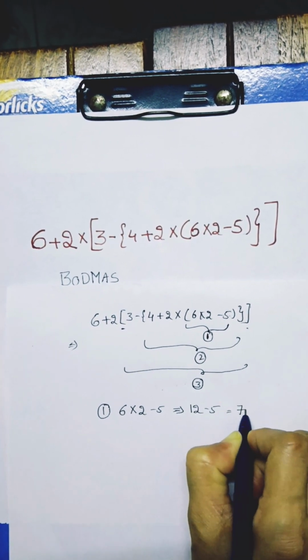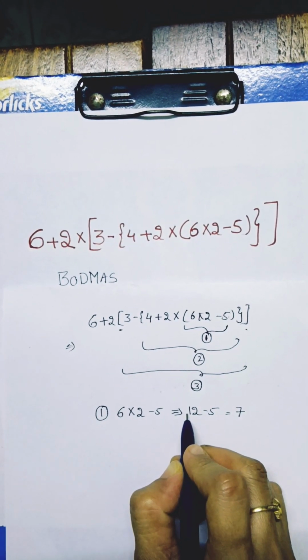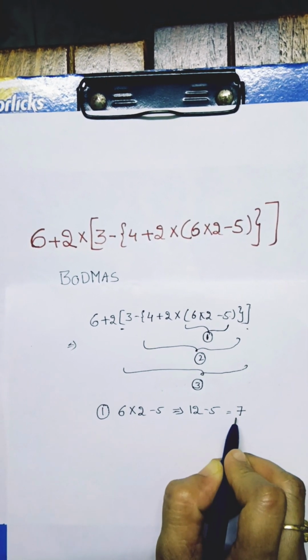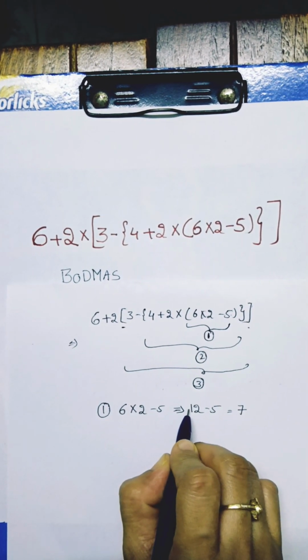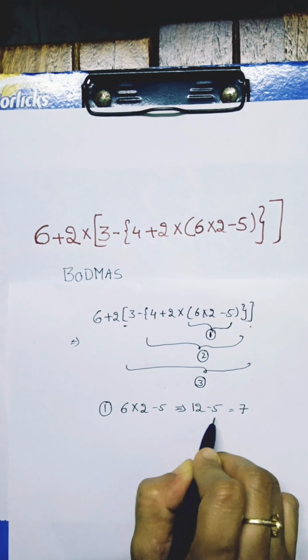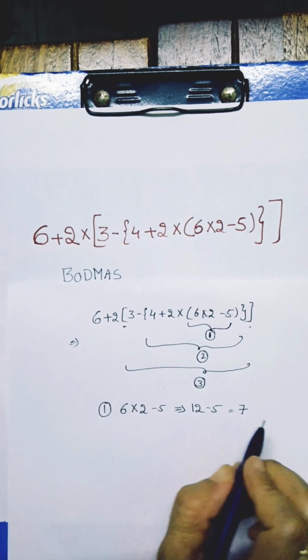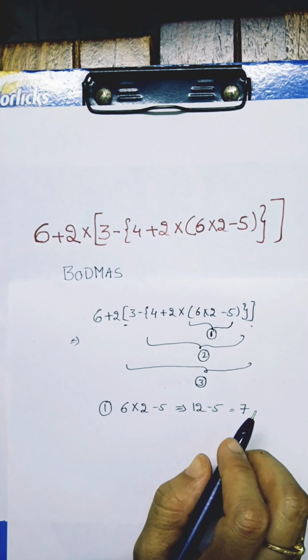Answer is 7. Here the biggest number holds the sign, positive, that is plus 7. Suppose if there is a minus sign here, then after doing the subtraction, we need to take the sign of the biggest number. Okay, are you getting my point?